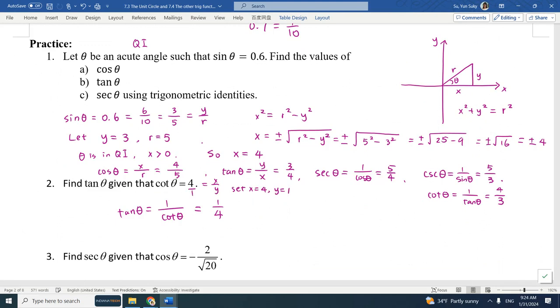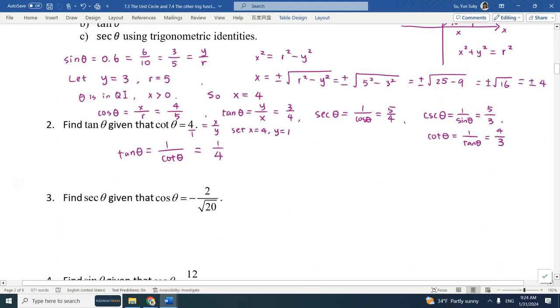Because 4 is like 4 over 1. So if the problem asks you to find all the other trig functions, you set x equals to 4 and y equals to 1, and then you can find the r. Okay, everybody? Mm-hmm. And then you can find all the 6 trig functions.